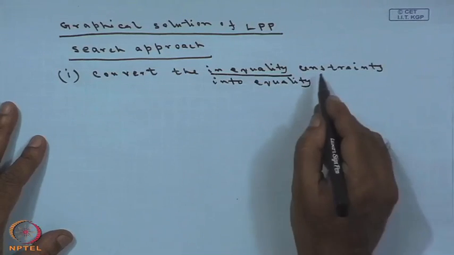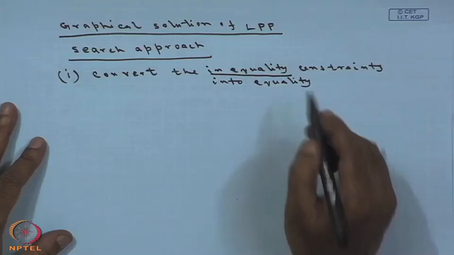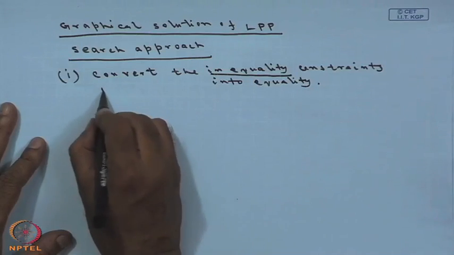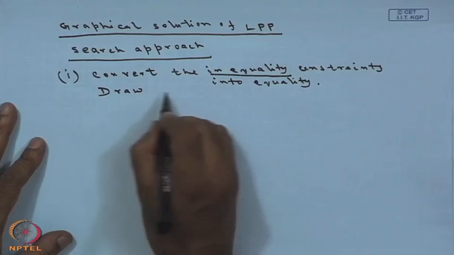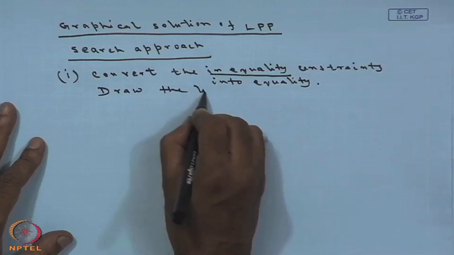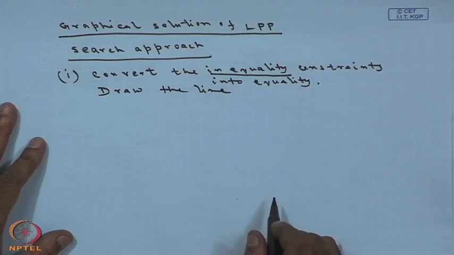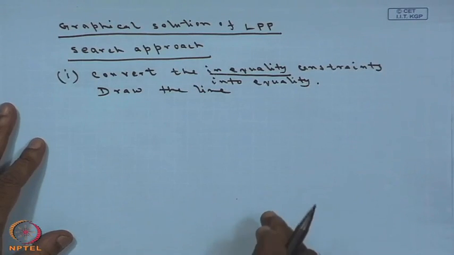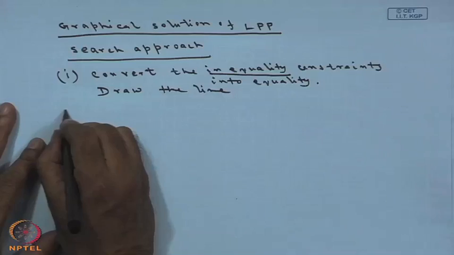Once you have converted the inequality constraints into equality constraints, you can draw the lines very easily. Ax equals b, I can draw the line easily. So, this is the first step: convert the inequality constraints into equality constraints and draw the lines for each equality.